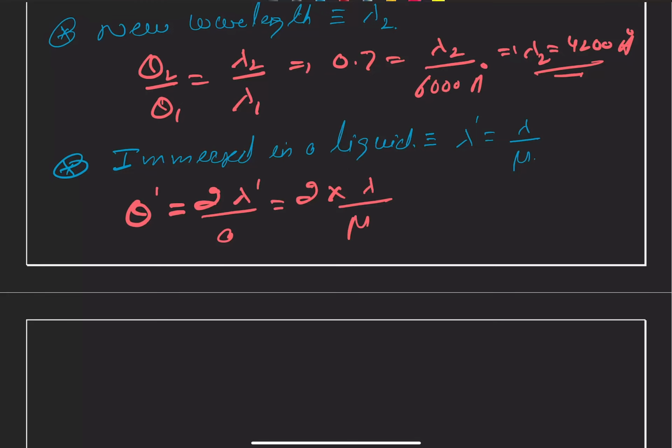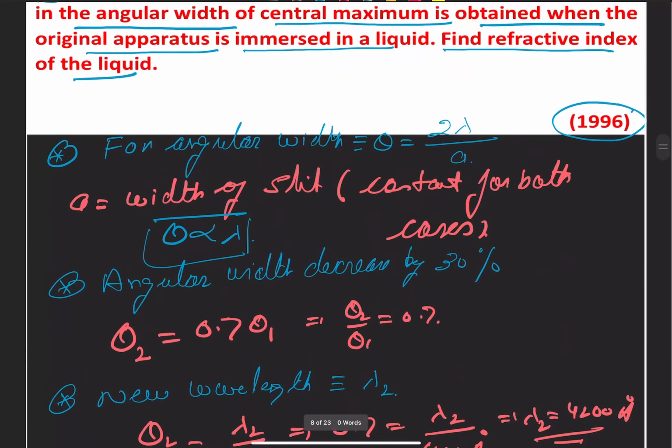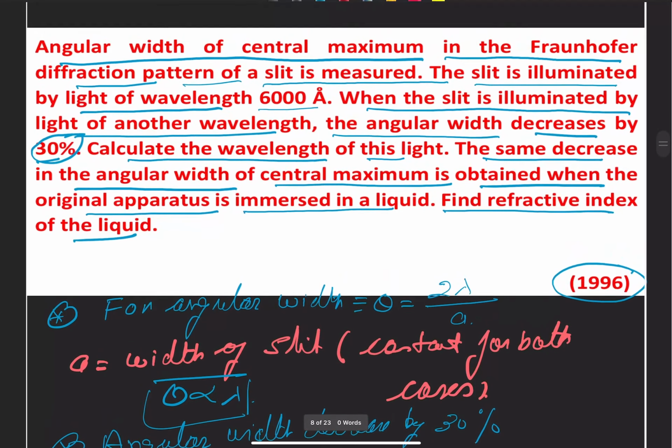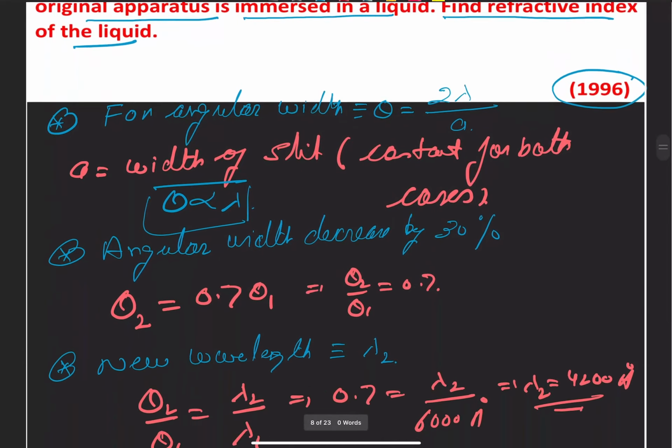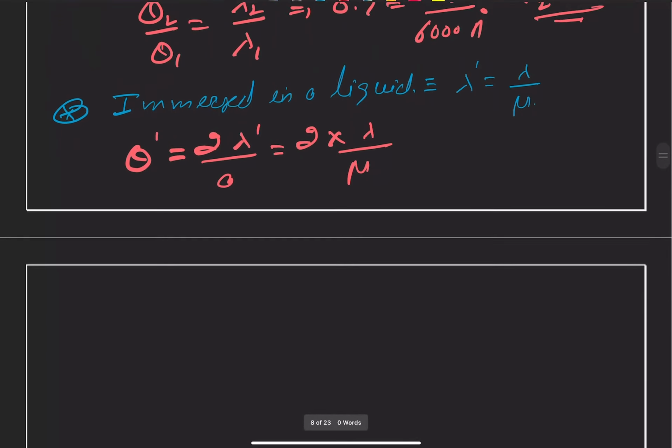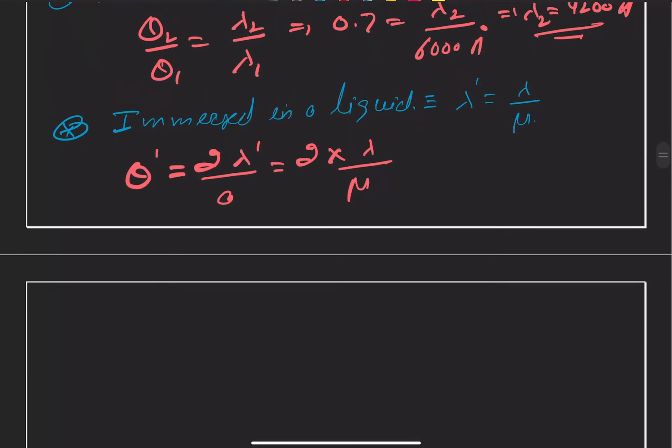And this, it says that we have that is our 0.7. So we can write this as, here I missed a.